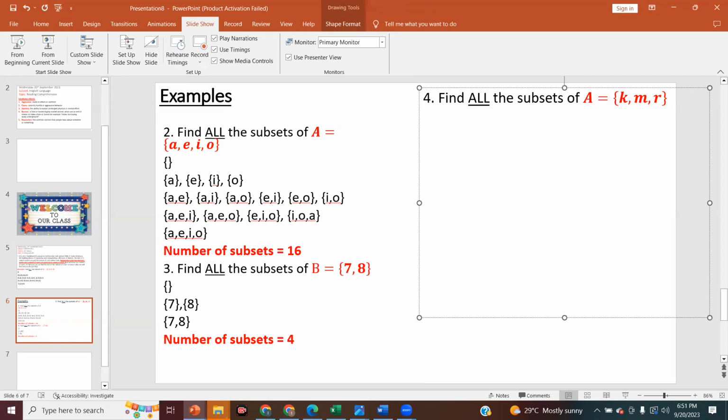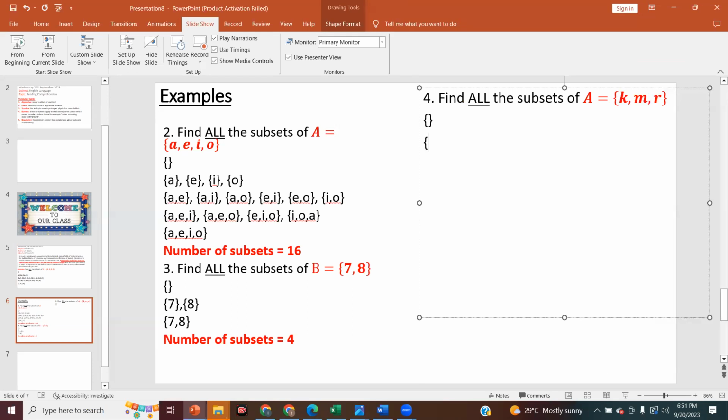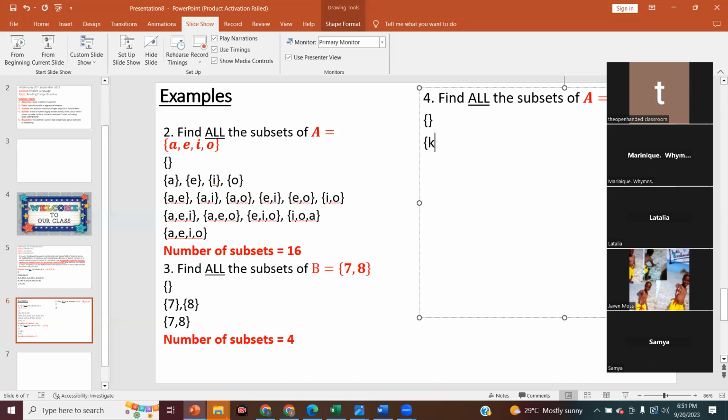The empty set. Please speak math to me. The empty set. Okay. What's the second subset? K by itself. What else? M by itself. R by itself.